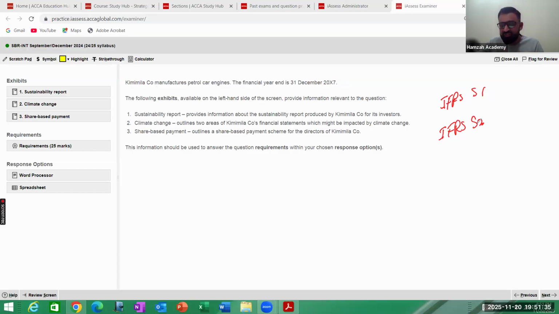And IFRS S2 is more specific to climate change, how we are physically affecting the environment and how transitionally we are being affected or we are affecting the environment. So this case study would be focusing on sustainability.